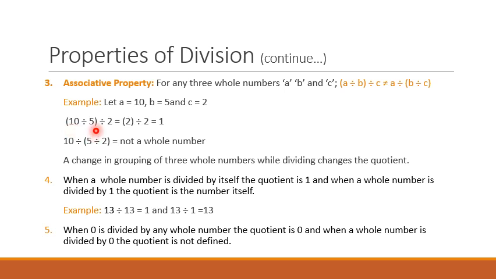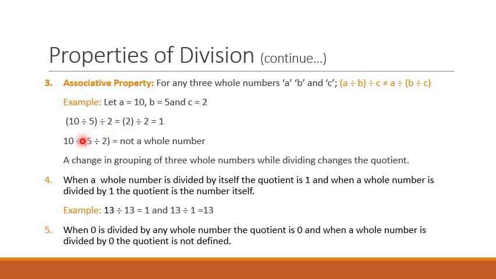So 10 divided by 5 gives me 2 and 2 divided by 2, the quotient is 1. Now if I change the grouping, 10 divided by the bracket 5 divided by 2. This means I have to first divide 5 by 2.